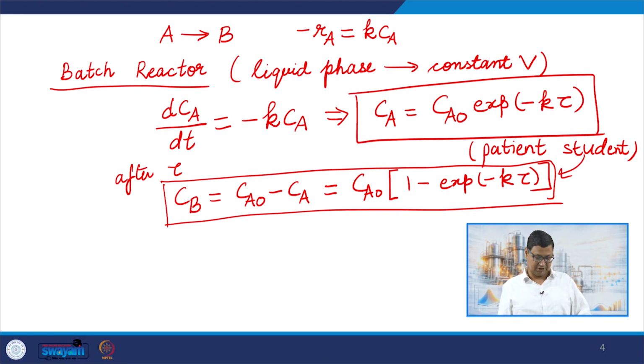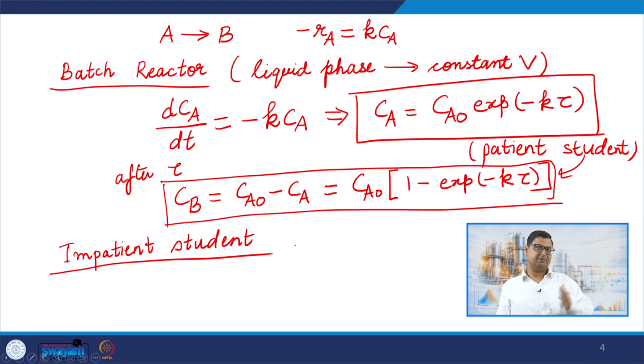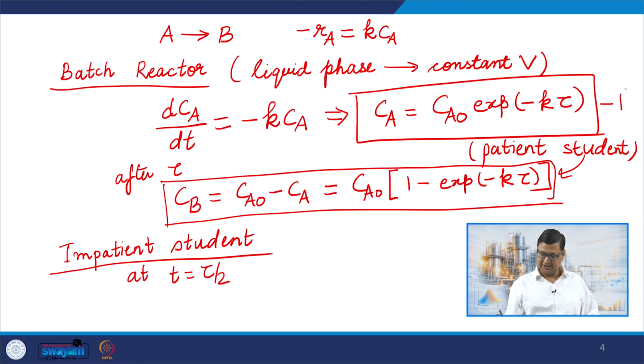Now, if we have the impatient student, then until time tau by 2, it is the same as the case of a patient student. So, at time t equal to tau by 2, the concentration of A and B can be obtained by simply putting time equal to tau by 2 in these two equations.